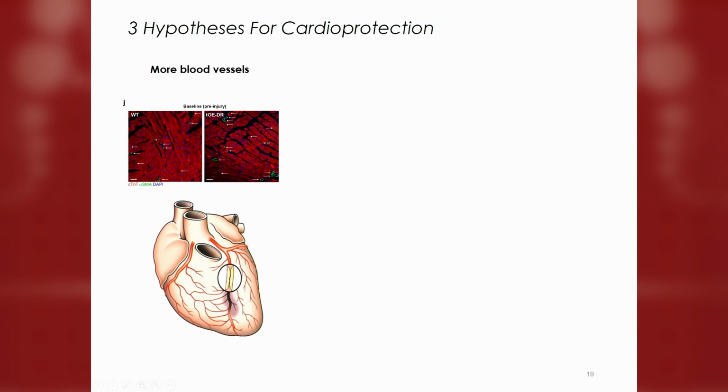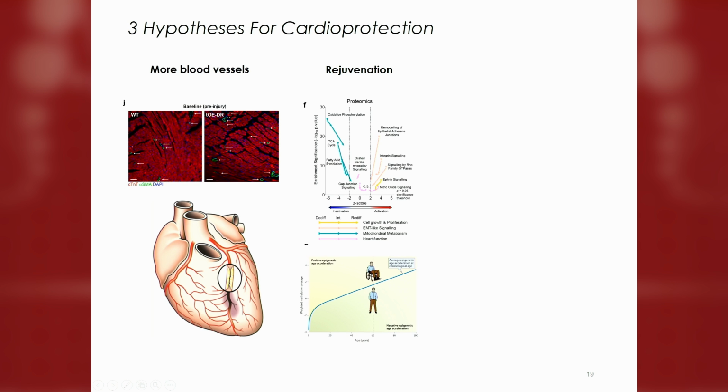So what can explain this protection against ischemic injury? One explanation that we like is that there are more blood vessels to begin with. There is another idea which we also like: this reprogramming, as Thomas calls it, or de-differentiation, redifferentiation as we call it, in a way rejuvenates the heart.